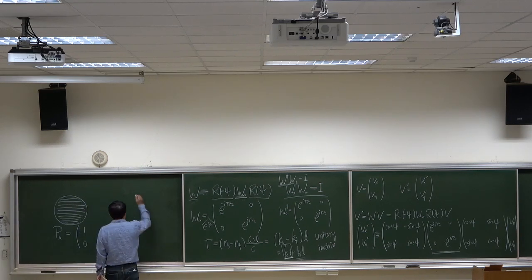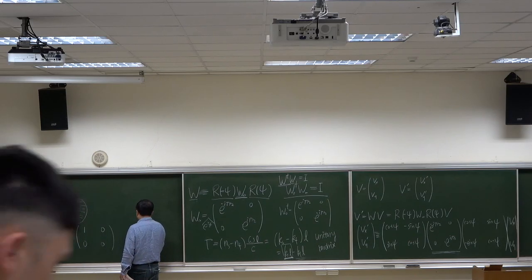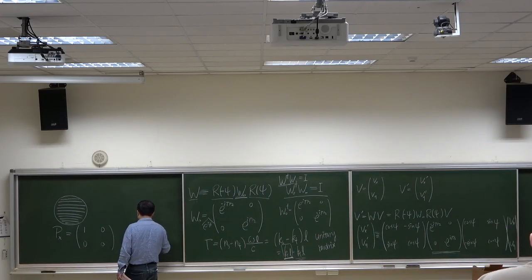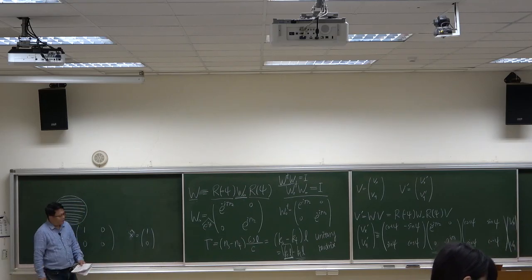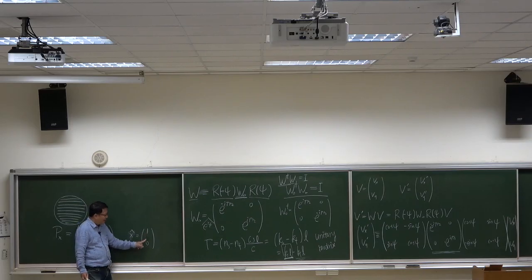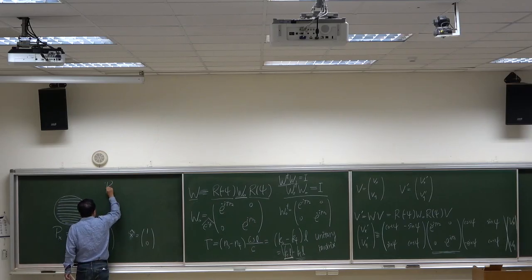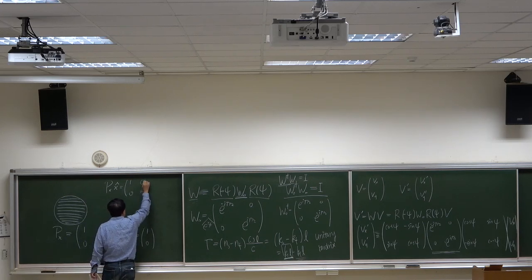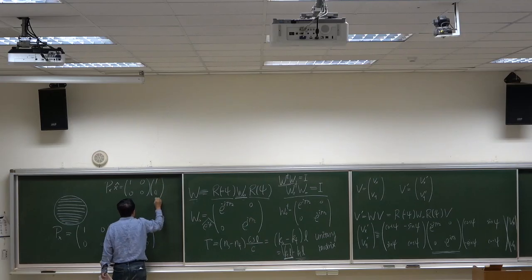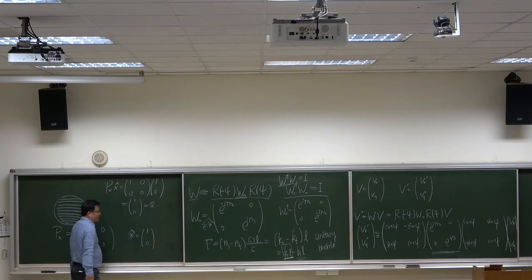The x polarization can be represented by 1, 0. Then you see that Px times the x polarization is equal to the matrix 1, 0, 0, 0 times 1, 0, and this gives us the original 1, 0, the x polarization.